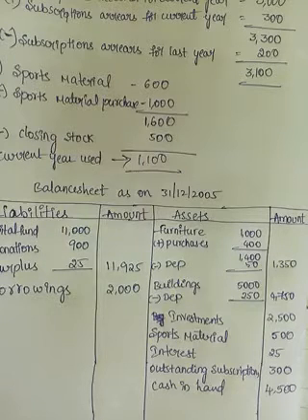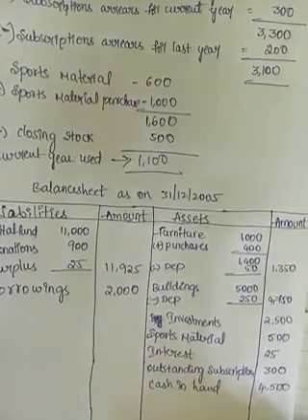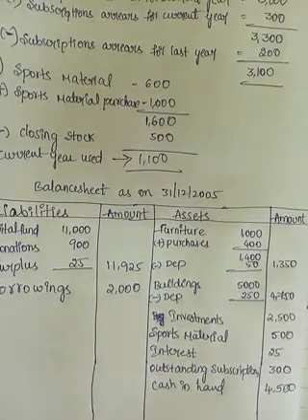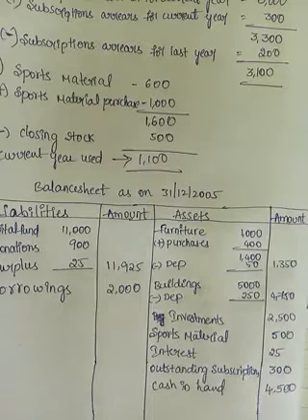Asset side is 1,350 plus 4,750 plus 2,500 plus 500 plus 25 plus 300 plus 4,500, which is 13,925. Okay, the balance sheet tallies successfully. This is our today's class.